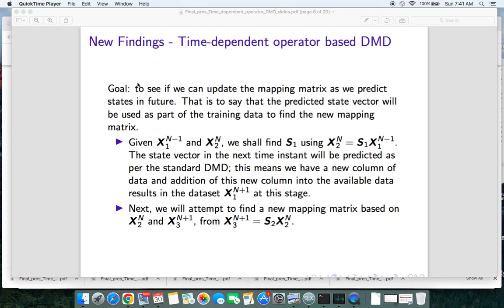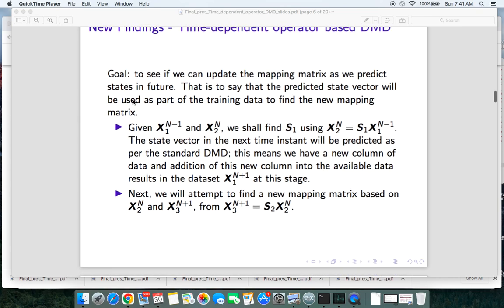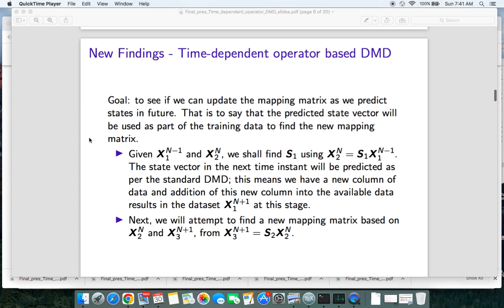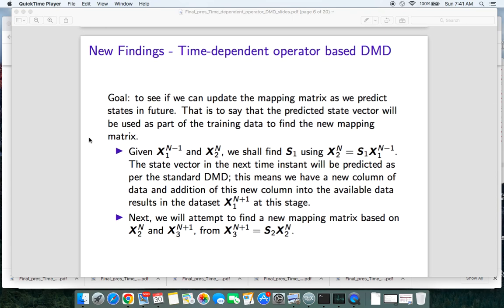So in this new variant of DMD, the goal is to see if we can update the mapping matrix as we predict states in future. That is to say that the predicted state vector will be used as part of the training data to find the new mapping matrix.